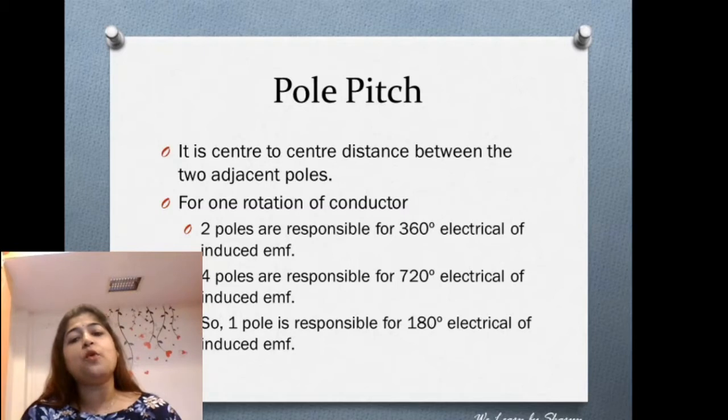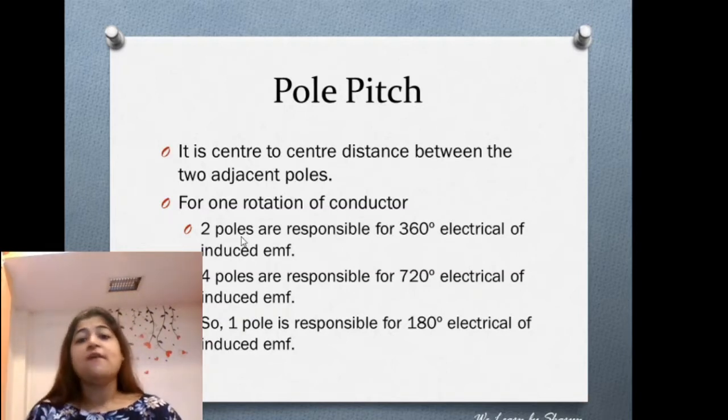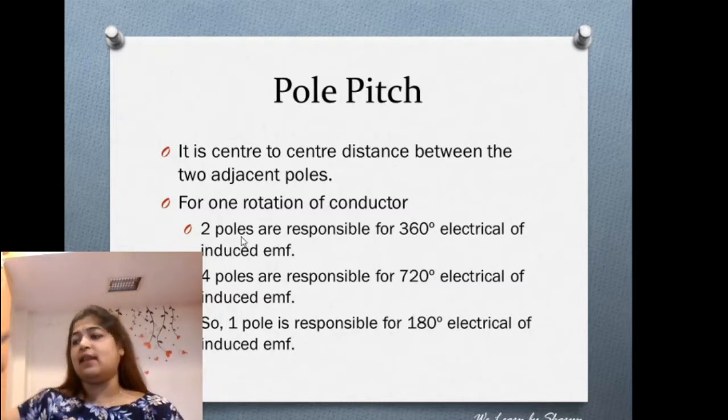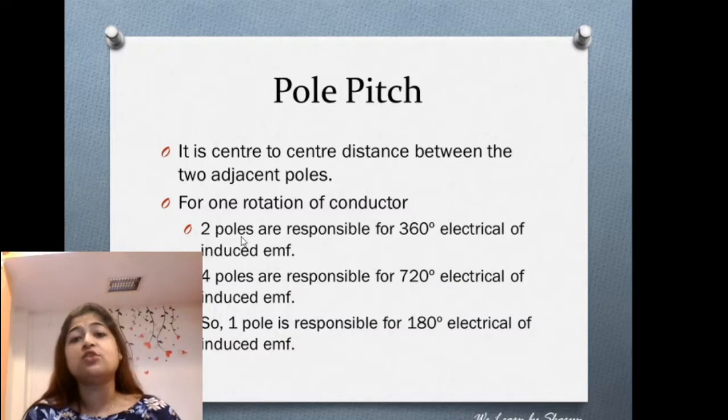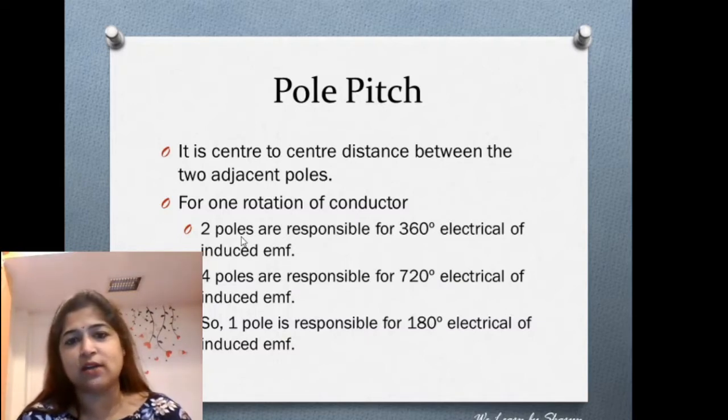So two poles are responsible for 360 degrees electrical of EMF induced, that is one cycle. When there are four poles, one rotation gives you two cycles of EMF induced, so it consists of 360 into 2, that is 720 degrees electrical.